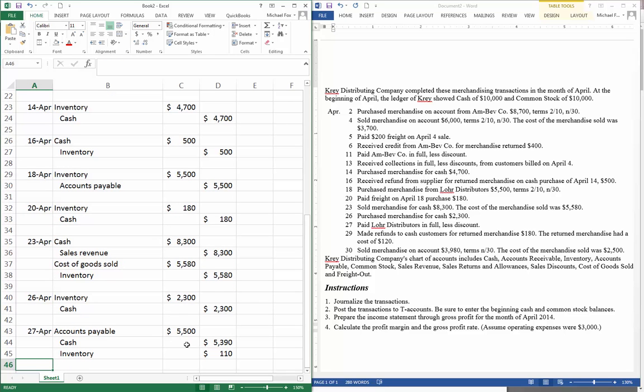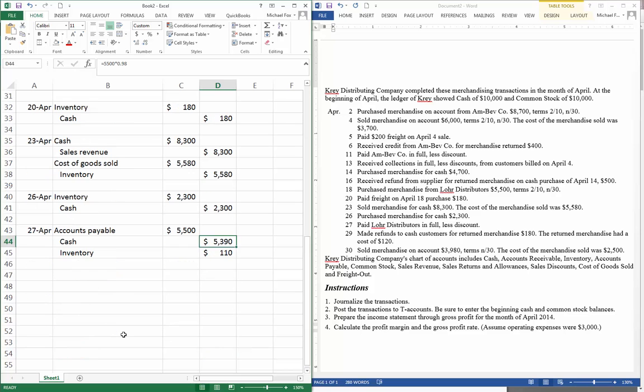Again, you can always say what's the total amount of accounts payable minus the inventory, and the difference would be the amount of cash I have to pay. Remember, we're just taking this cost off of the inventory because when we recorded the purchase originally, we listed all 5,500 as inventory. And since this represents our cost of the inventory, then when we get the discount, we've got to subtract that back off.